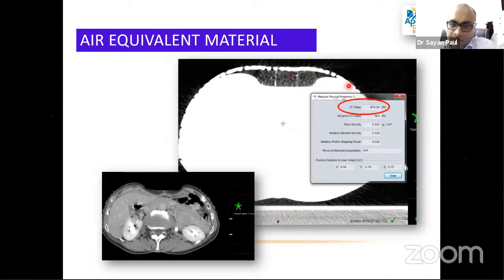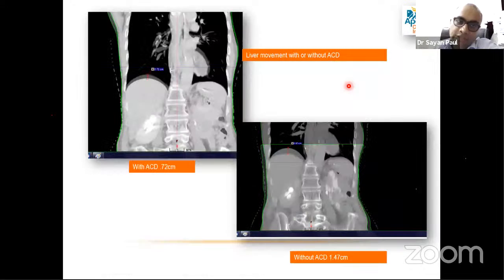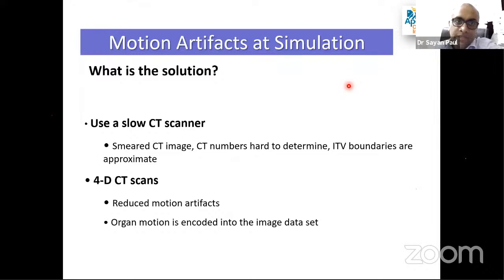We took a CT scan of that material, and the Hounsfield value is similar to air, so it does not interfere with our planning or dose calculation, and it actually reduces the movement. With the device, the diaphragm movement is 0.72 centimeter, whereas without the device it is 1.47 centimeter. So with this device, you reduce the movement.